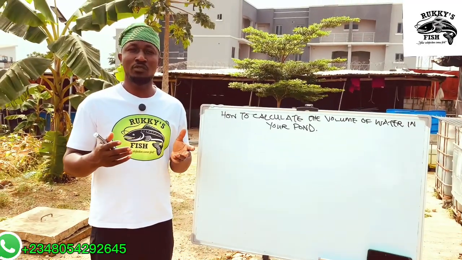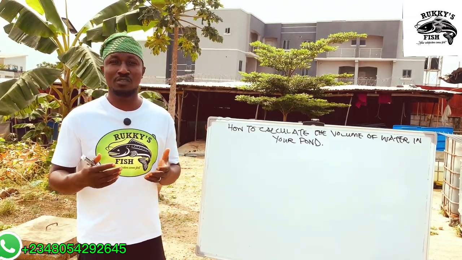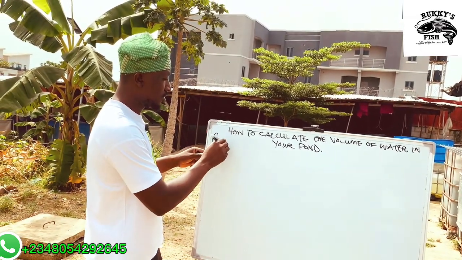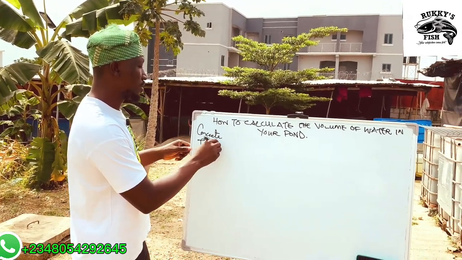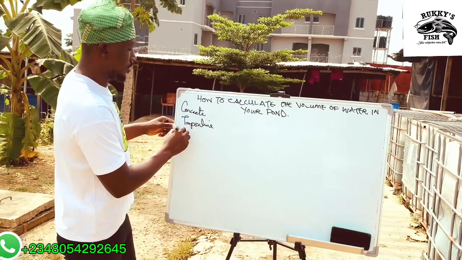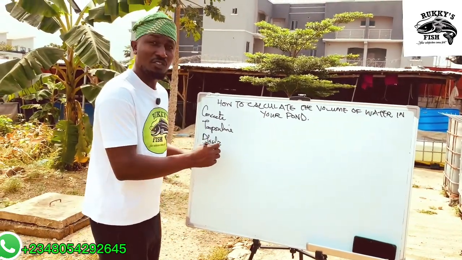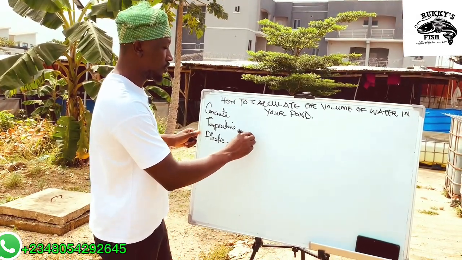So before we go ahead with our calculation, let's even identify the types and different shapes of ponds that we use, right? So the types of ponds, we have the concrete, we have the tarpaulin, and then we have the plastic, right? So most of the time these plastic ponds are circular in shape.